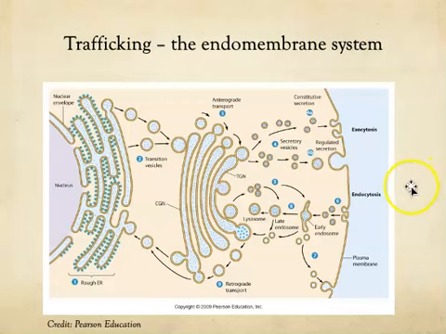Similarly, when materials are fated to come into a cell across the plasma membrane and enter into the endomembrane system, they're going to enter in through a purposeful process called endocytosis. Endocytosis, exocytosis, these are processes that will remove materials or take materials in regardless of whether or not there is a concentration gradient.